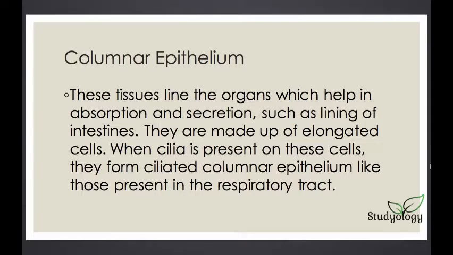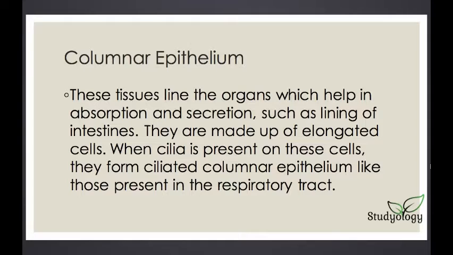When cilia is present on these cells, they form ciliated columnar epithelium, like those present in the respiratory tract. As I told you in session 1 again, cilia is a type of organ that helps a cell to move. So if cilia is present in the cells that make up this tissue, it is called ciliated columnar epithelium. And ciliated columnar epithelium is present in the respiratory tract, where it helps them move.